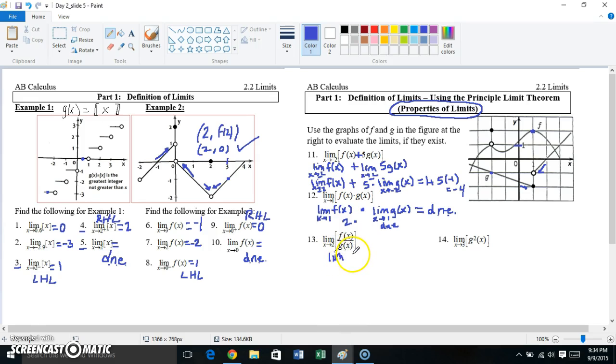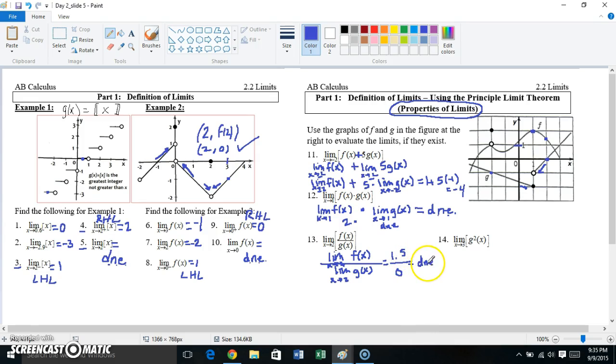Okay, number 13, the limit of a quotient is the same as the quotient of the limits. Okay, I should really have as x approaches 2 underneath here. So the limit of f of x as x approaches 2. Right, did I get that right? That's a 2, positive 2. So 1, 2. So why don't we call that 1.5? And the limit of g of x as x approaches 2 is 0, which is unfortunate because I can't do that.